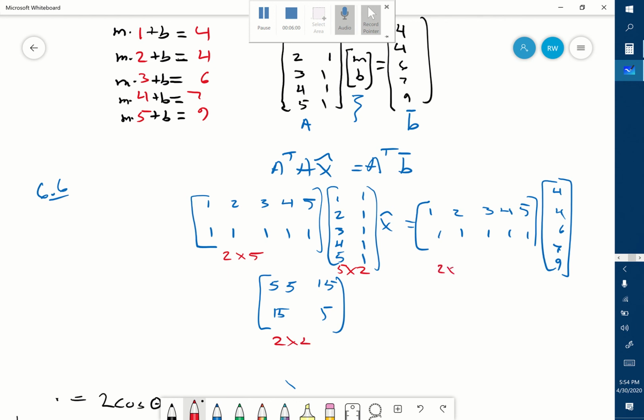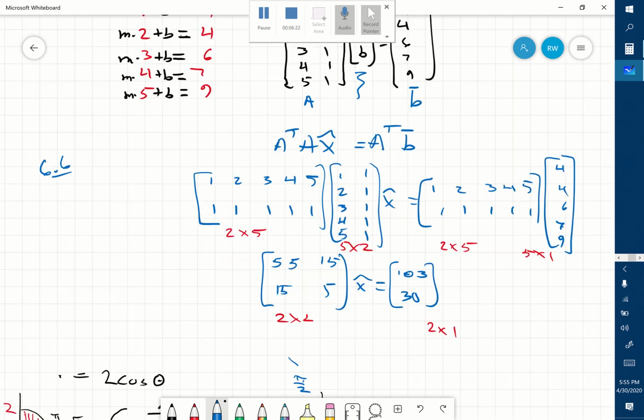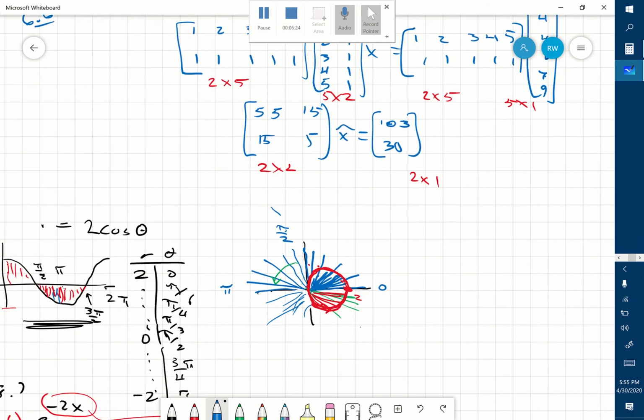This is a 2 by 5 times a 5 by 1, so we're going to get a 2 by 1 here. So we have times x hat is equal to, and this vector on this side ended up being 103 and 30. Then it's a matter of solving that system, and you will find your solution.